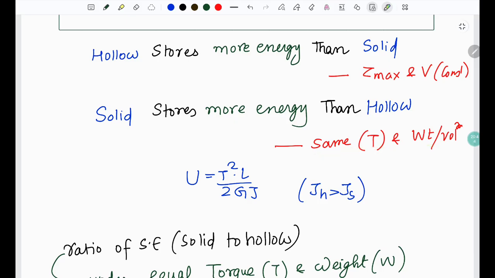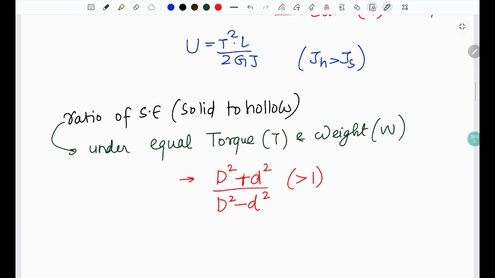But when it has the same shear stress and same volume, then hollow will be storing more energy. Again, the ratio of strain energy comparing solid to hollow under equal torque and weight is given by D square plus d square over D square minus small d square. This is greater than 1.